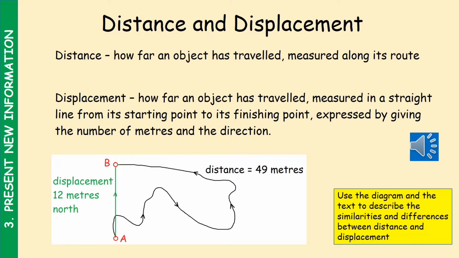So in our situation here we have a displacement of 12 meters to the north, meaning that B is going to be 12 meters north of A. Both distance and displacement are measured in meters or kilometers or centimeters, so they have the same unit in that sense. The difference is that the displacement has to have the direction included.